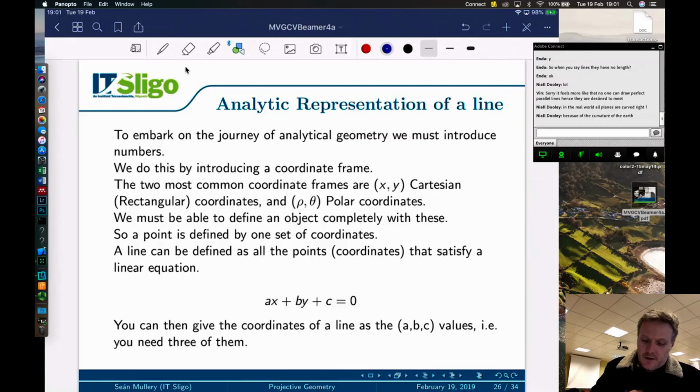So, the analytic representation of a line. To embark on the journey of analytic geometry, we must introduce numbers. We do this by introducing a coordinate frame. The two most common coordinate frames are the XY Cartesian or rectangular coordinates and the polar coordinates, which we normally give as rho and theta.